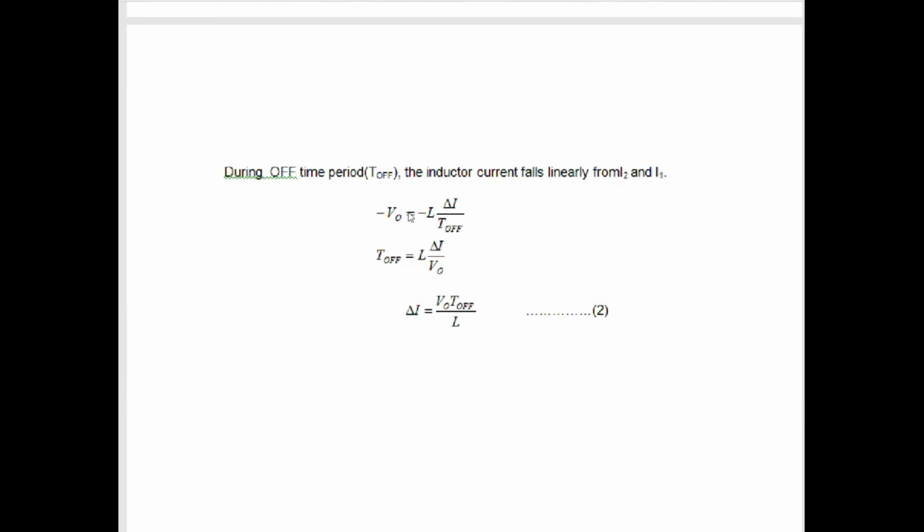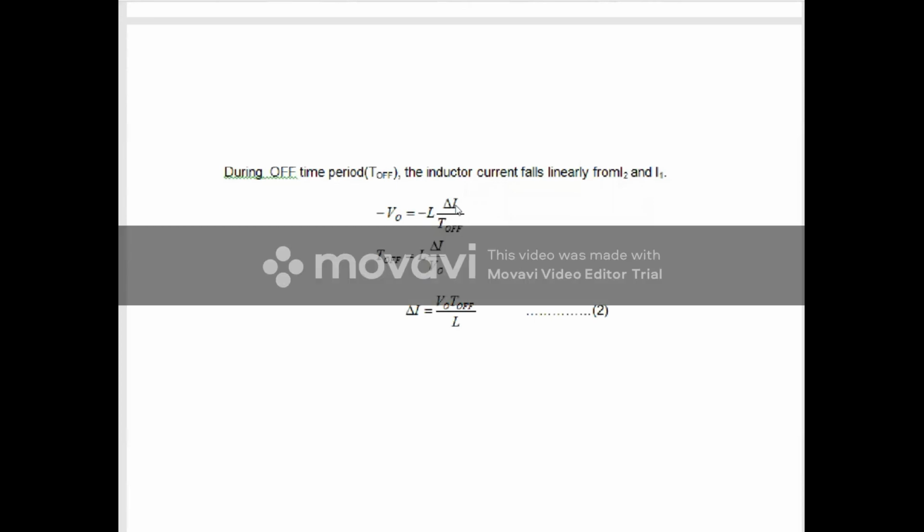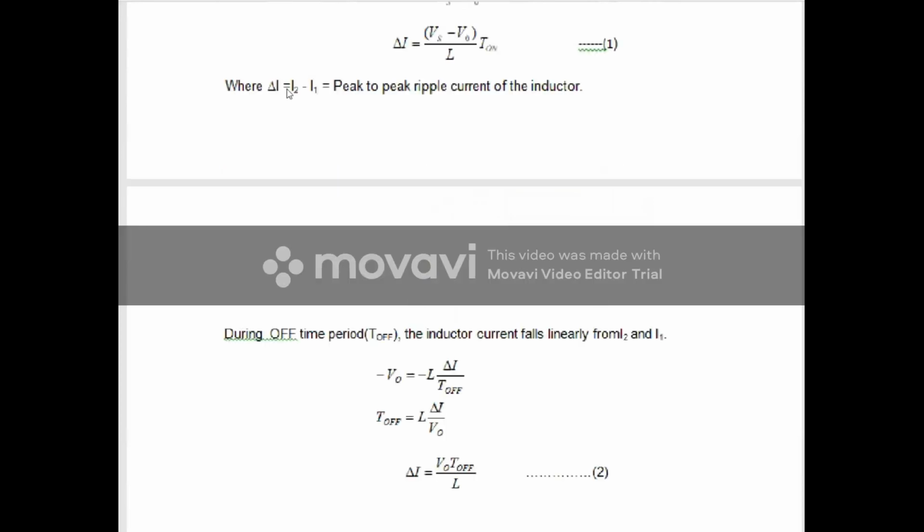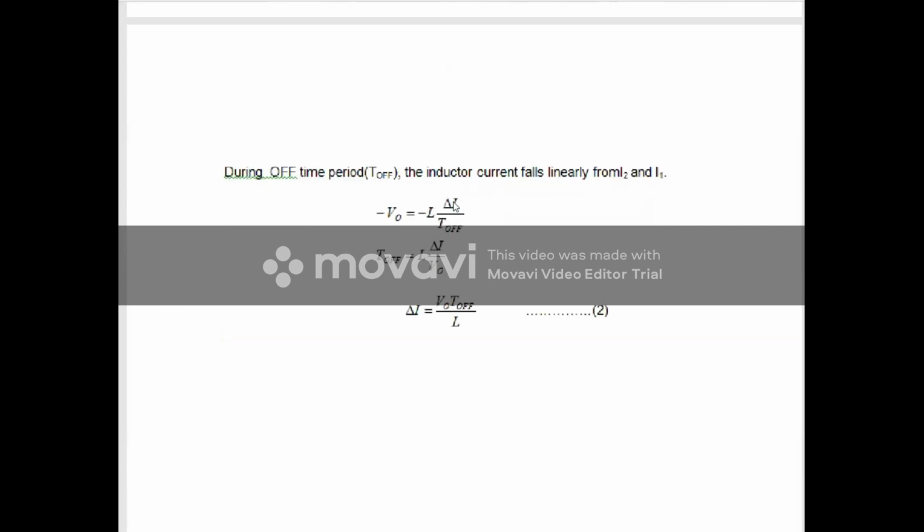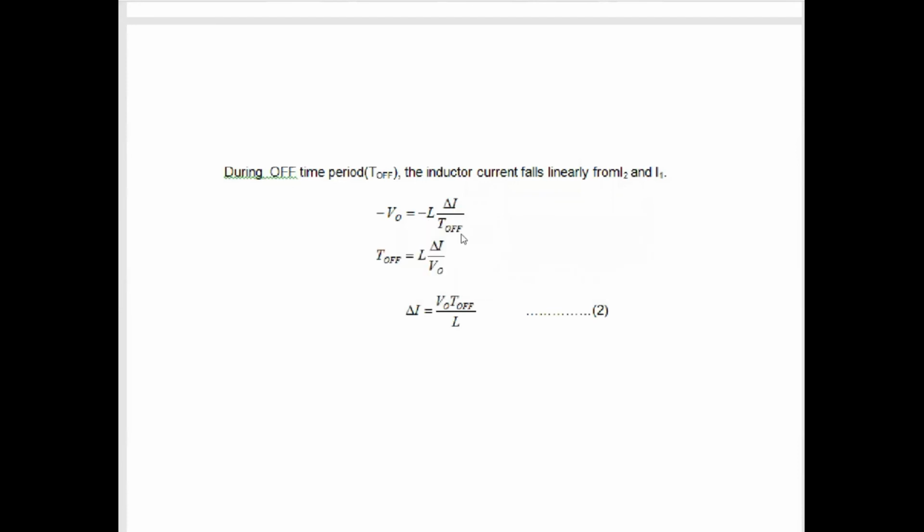So the equation is minus V0 equal to L into I1 minus I2 divided by T off. We defined del I as I2 minus I1, so it becomes minus del I. So minus V0 equal to minus L into del I divided by T off.